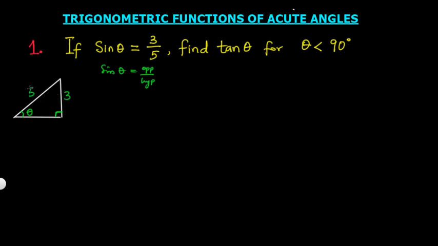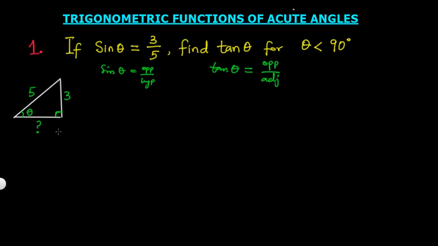Hypotenuse is 5. And remember, tan theta is the ratio of opposite to adjacent side. So we need to find the adjacent side, which is not known. To do this, we use the knowledge of our Pythagorean theorem.